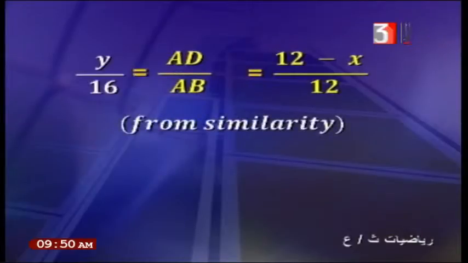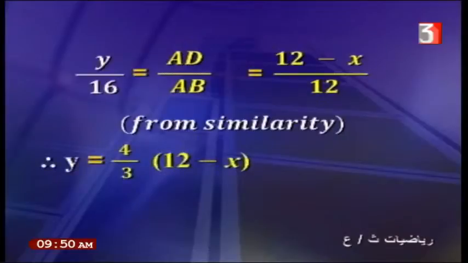Now, from similarity, we have y over 16 equals AD over AB equals 12 minus x over 12. And y equals 16 times 12 minus x over 12, which equals 4 over 3 multiply 12 minus x.